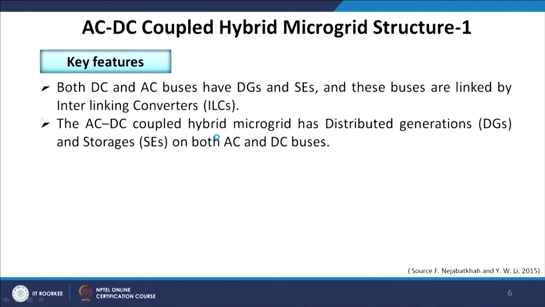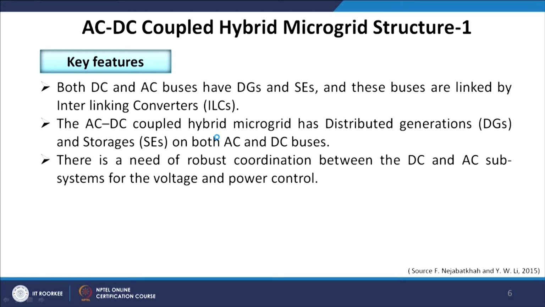The AC-DC coupled hybrid microgrid has distributed generations and storage on both the AC side as well as the DC side. There is a need of robust coordination between the DC and AC subsystems for the voltage and power control.